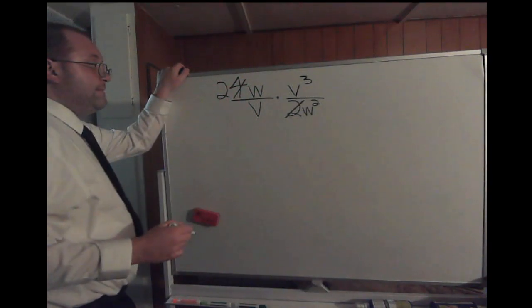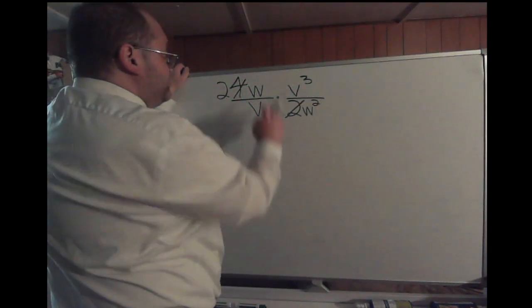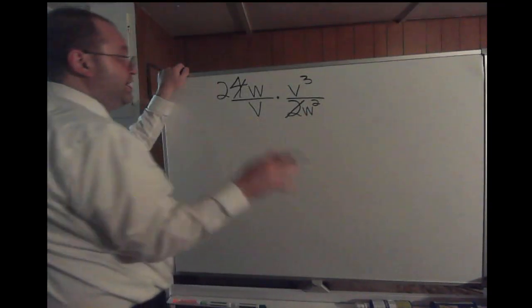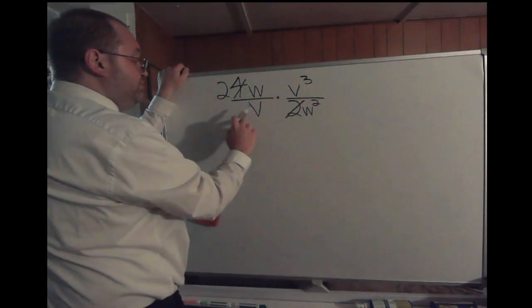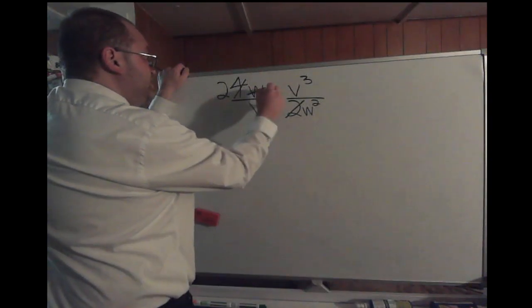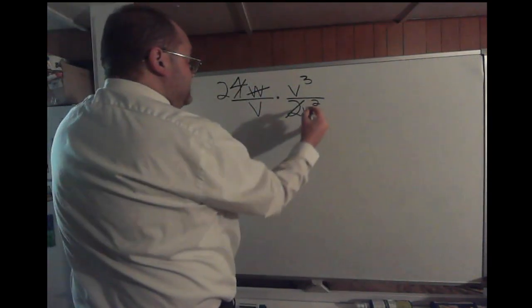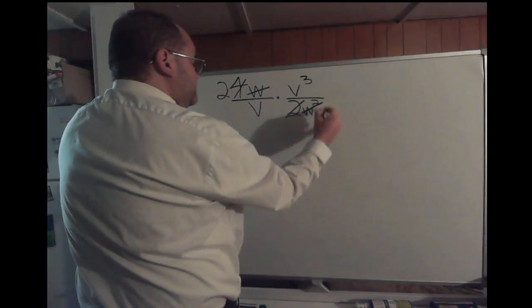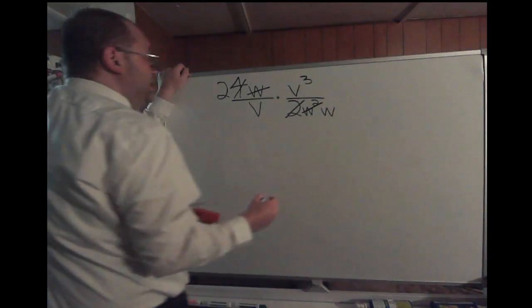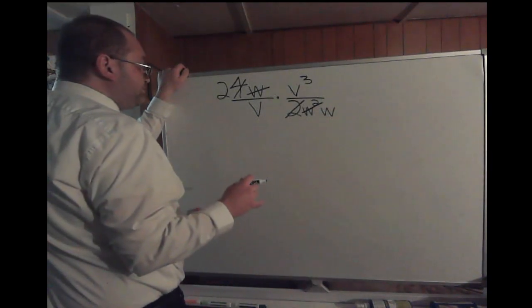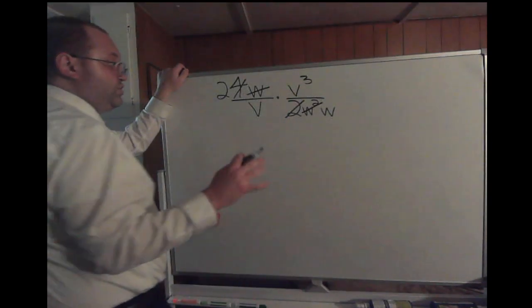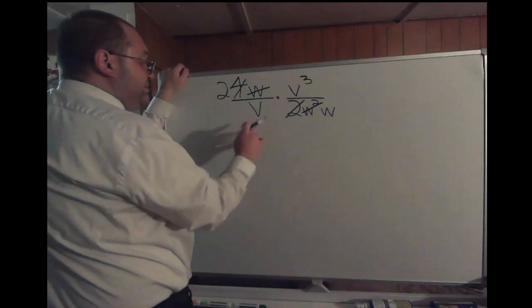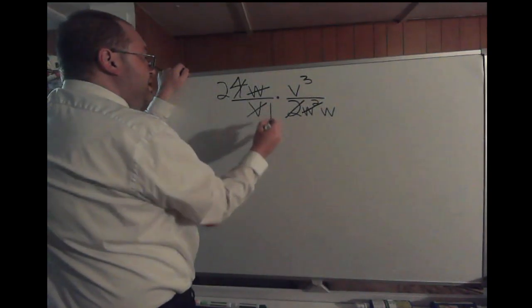Okay? Now, between w and w squared, w is the greatest common factor, so if you divide 2w by w, you get just 2. Divide w squared by w, you just get w. And then between v and v to the third, v is your greatest common factor. Divide v by v, you get 1.